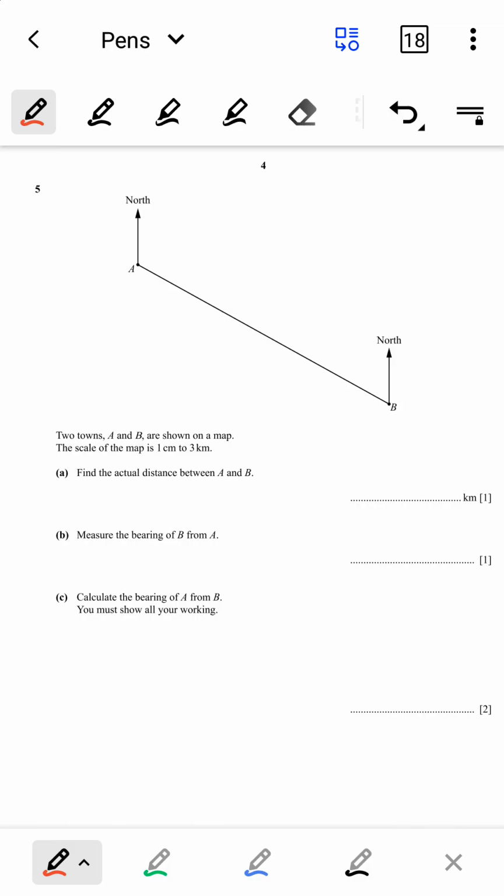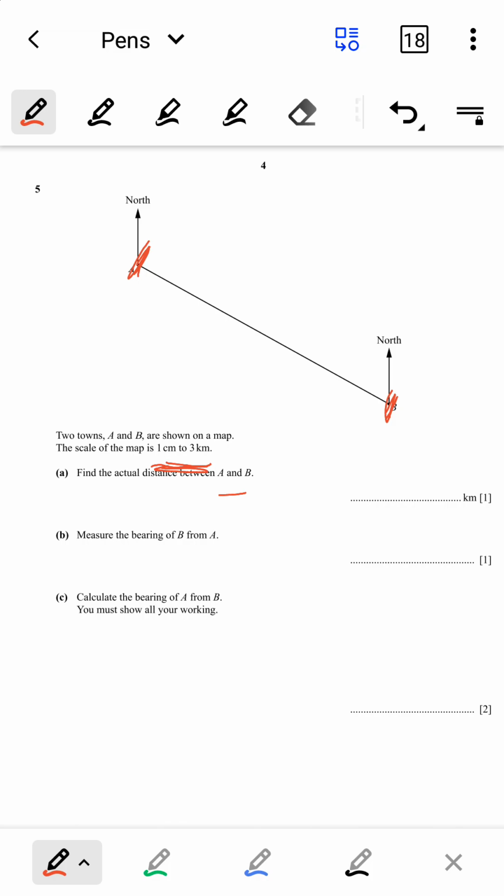Moving forward with question number 5, from the bearings concept. Two towns, A and B, are shown on a map. The scale of the map is 1 centimeter equals 3 kilometers. Find the actual distance from A to B. We can measure the distance A to B with a ruler.